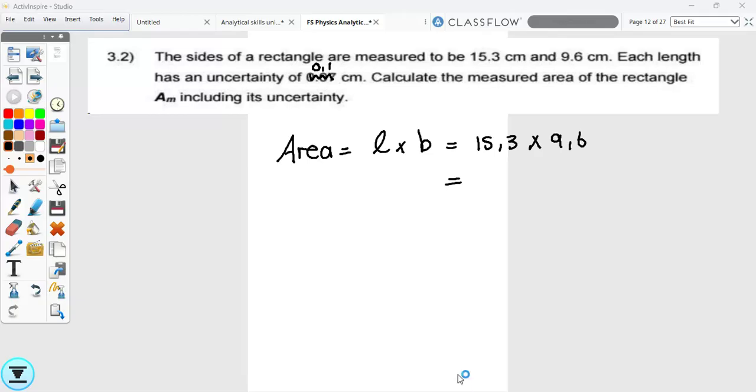Just say again for me, please. 246. Okay, thank you. 146,88, and that is now in centimeters, but this is now centimeters squared.